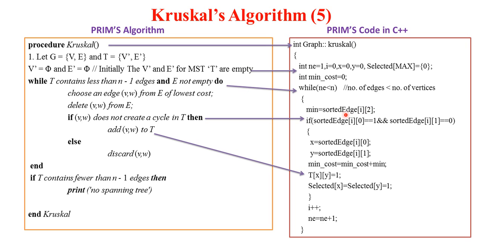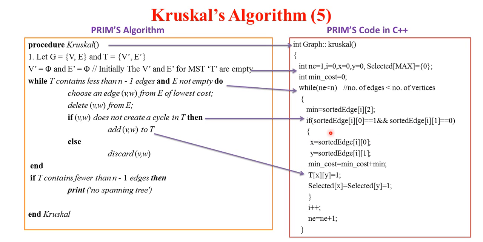So it is an array of 3 columns and n rows. Here the first entry is vertex v and the next entry is vertex w. If the first one is selected and the second vertex is not selected, that means that edge will not form a cycle.